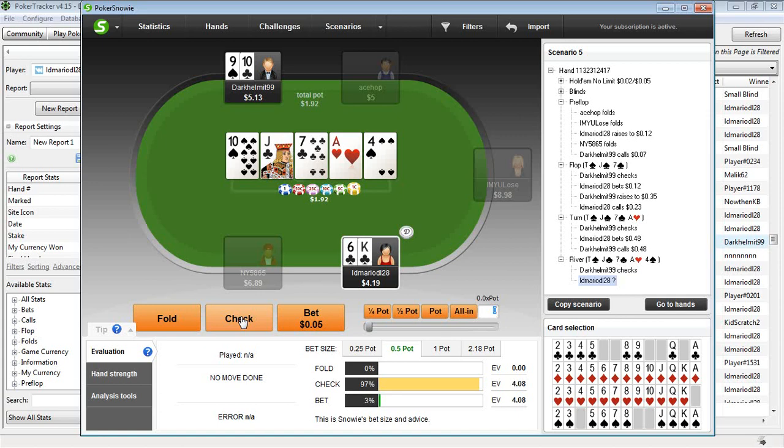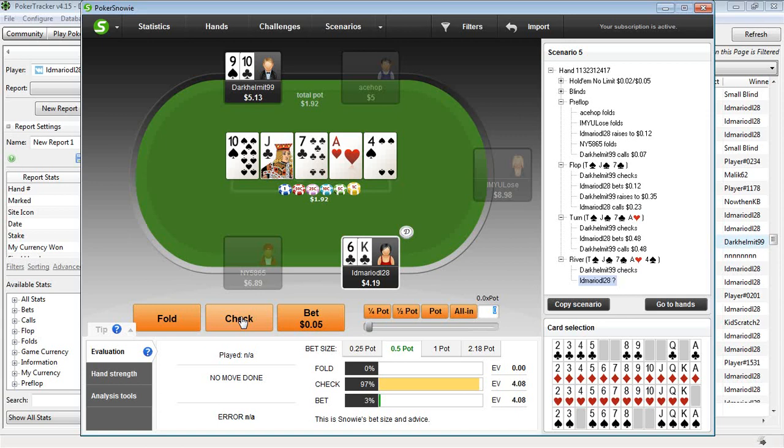It's really interesting because of the amount of outs that he had. Obviously I didn't have 10-9 offsuit in his range, but if I bet that turn, I am getting a better hand to fold. I am potentially getting his jacks, any jack he has.